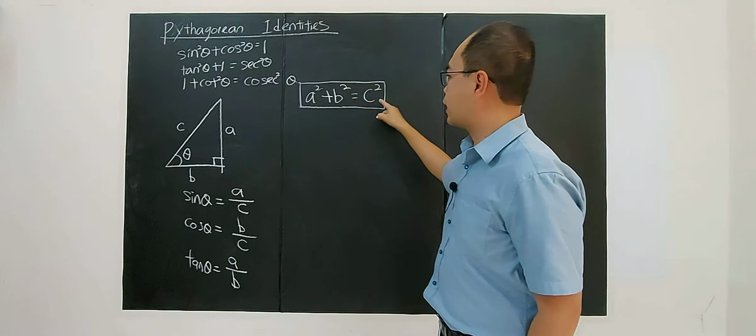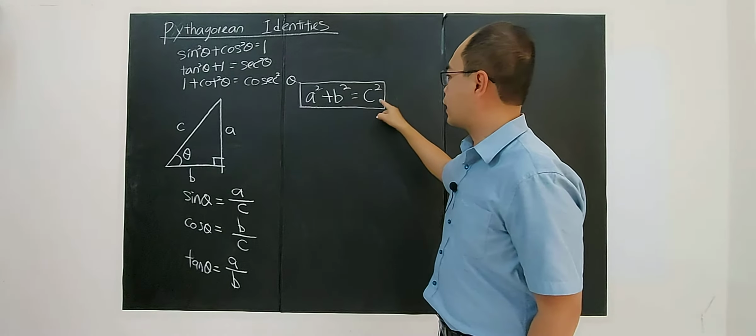You see that a over c will be sine theta, and b over c is cos theta. So sine theta to the power of 2 plus cos theta to the power of 2 equals 1. This will be sine square theta plus cos square theta equals 1, your first Pythagorean identity, because it is generated from the Pythagoras theorem.